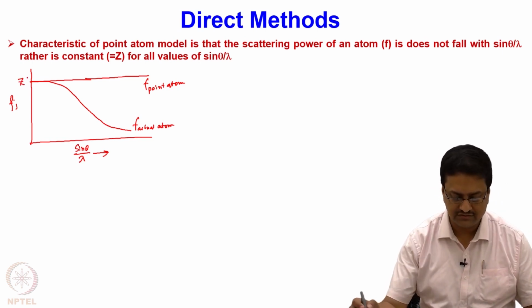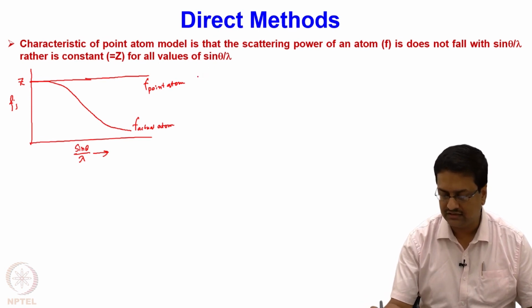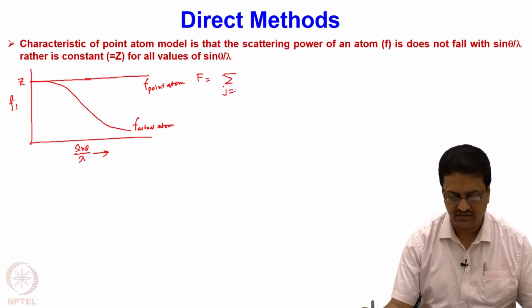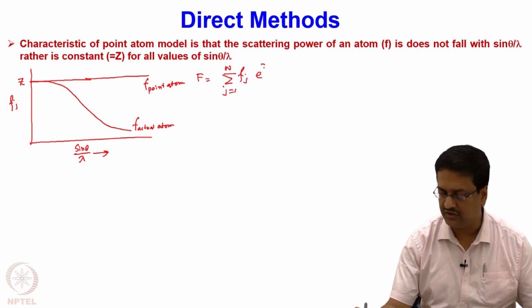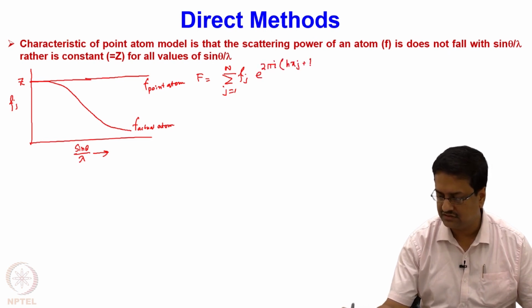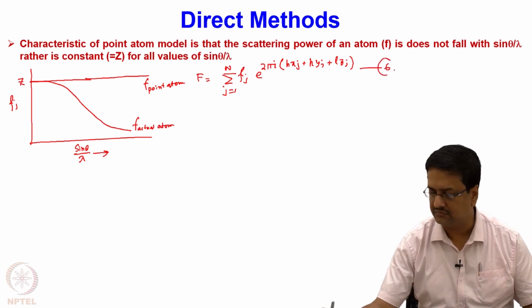So in this case, we can write F equal to the sum over j equal to 1 to n of Fj e to the power 2 pi i (hxj plus kyj plus lzj) as equation number 6.